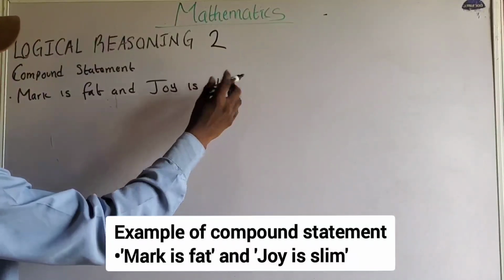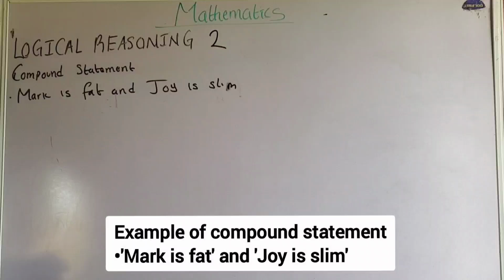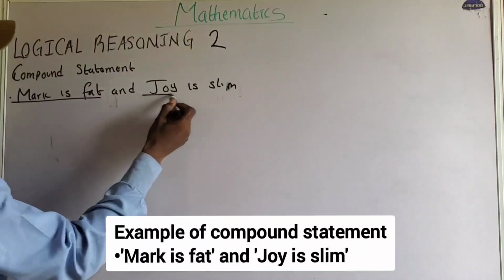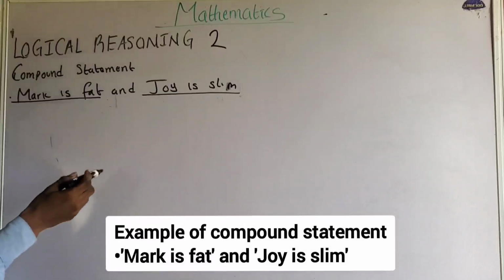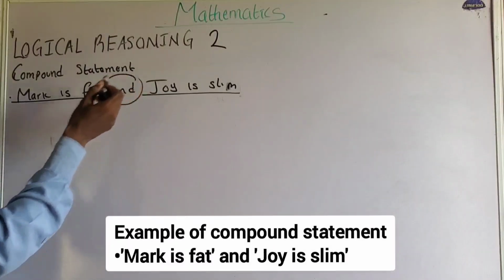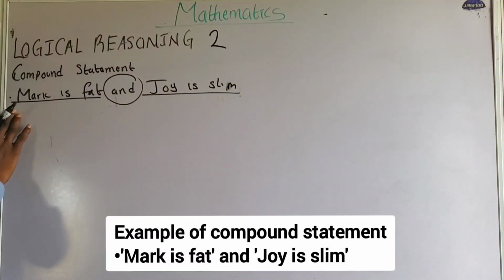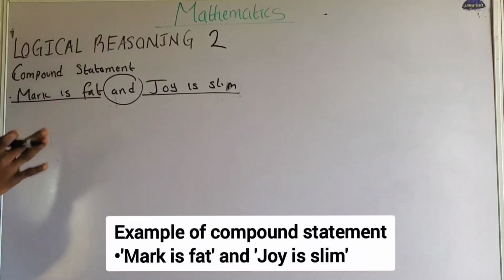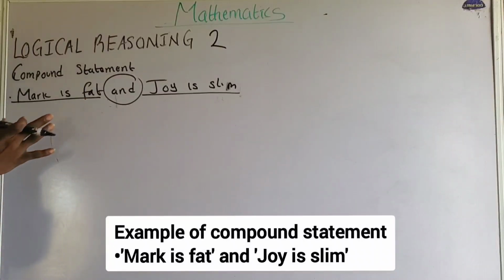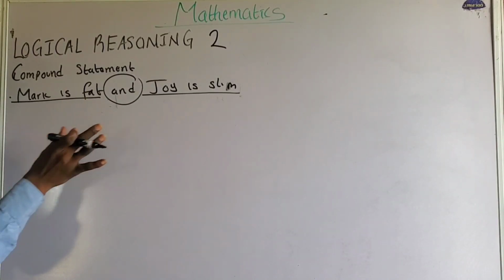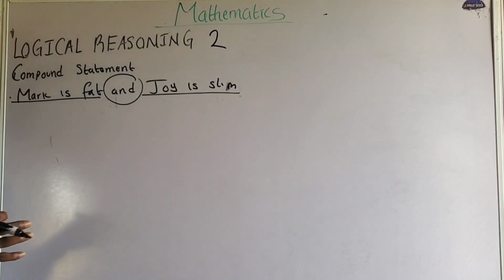This is a typical example of a compound statement, and the reason is because we have two statements. Mark is fat, one, and Joy is slim, two. The connective that is present here is and. Are you getting what I'm trying to say? So this statement is a compound statement. Why? Because we have two simple statements.